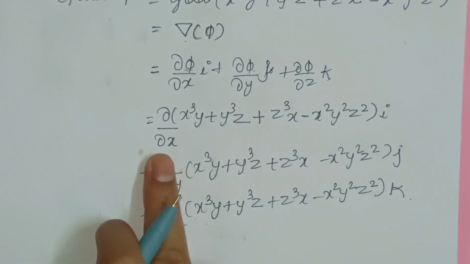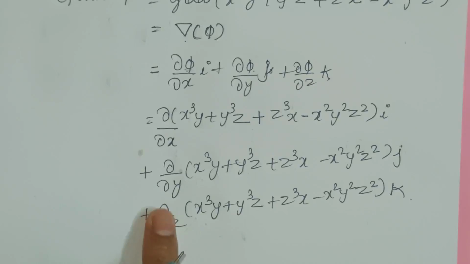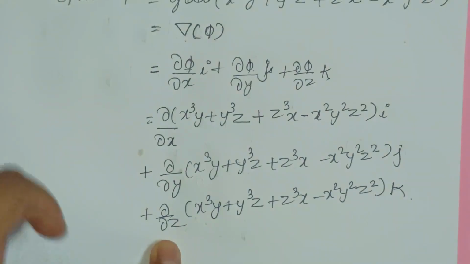So here we have to partially differentiate with respect to x, y, and z. So this is what? Vector f.